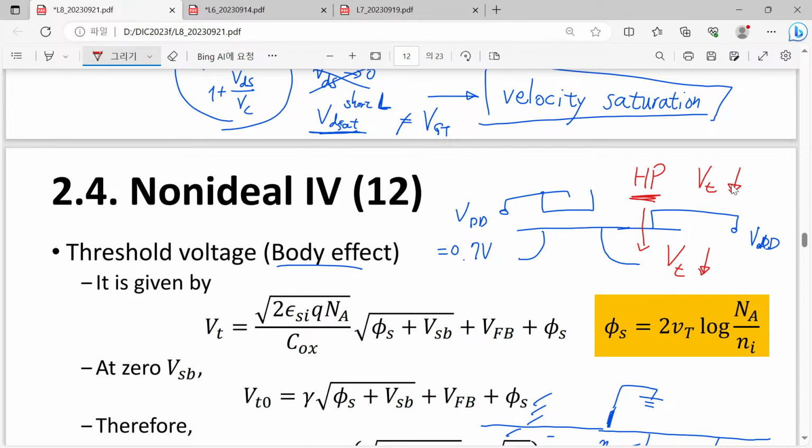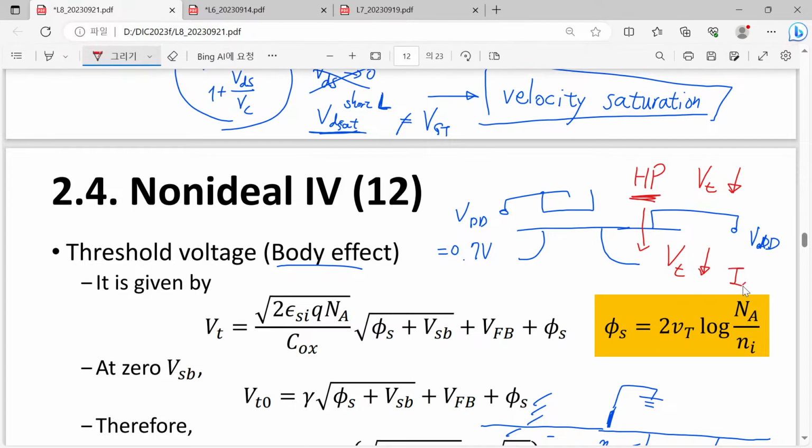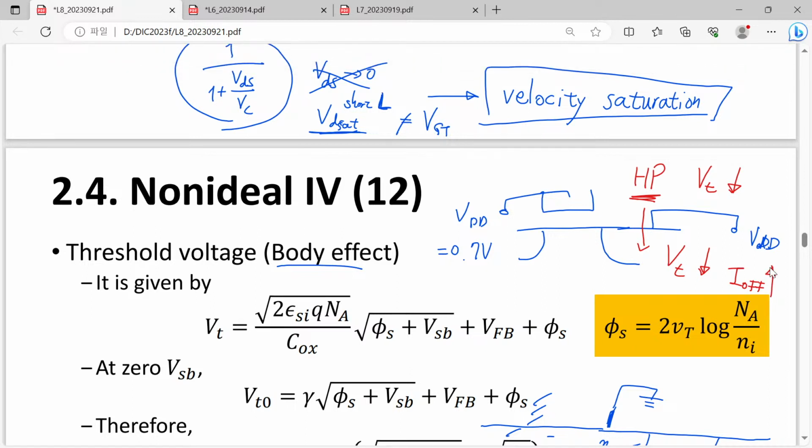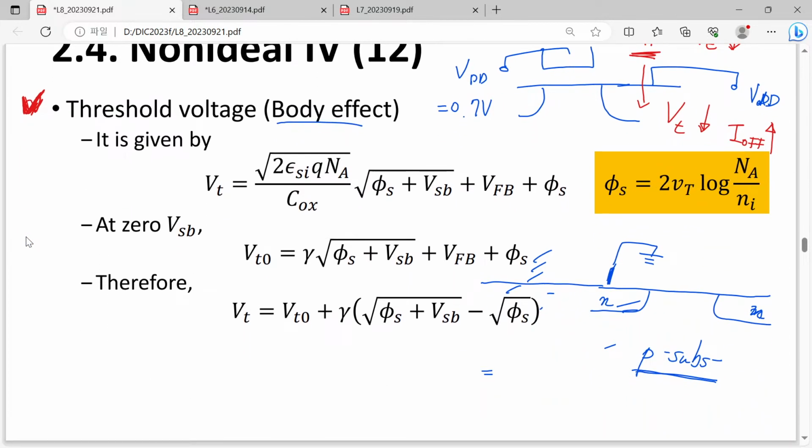But what happens if we reduce our threshold voltage too much? Then immediately we have too high an off current. This is not acceptable. However, by controlling our body voltage, we can selectively increase the threshold voltage. So the idea is like this.